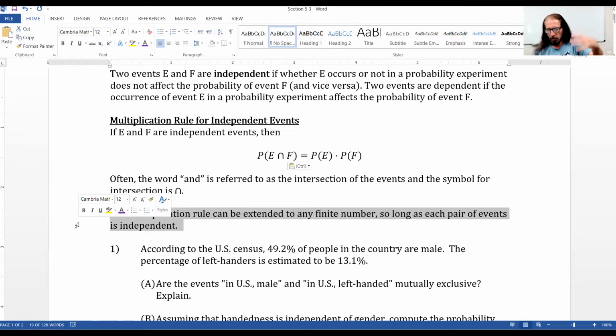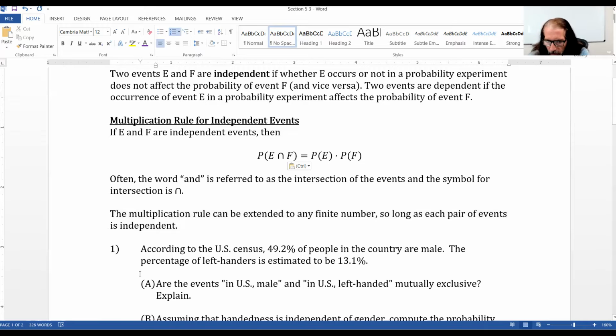If each pair, E and F, E and G, F and G, are independent events, then the probability of E and F and G all occurring would be probability of E times probability of F times probability of G.